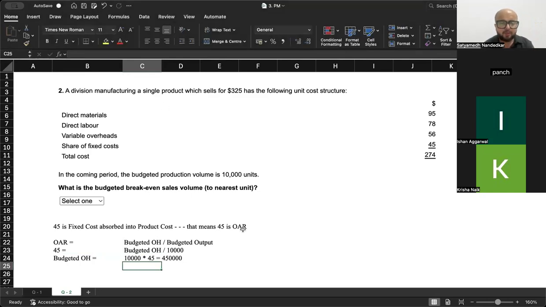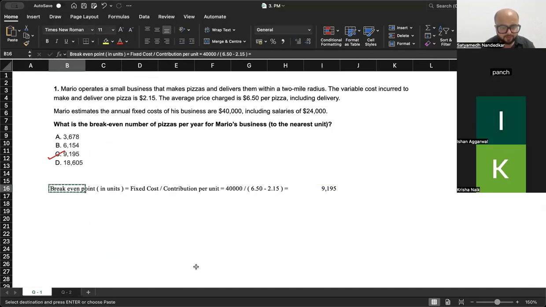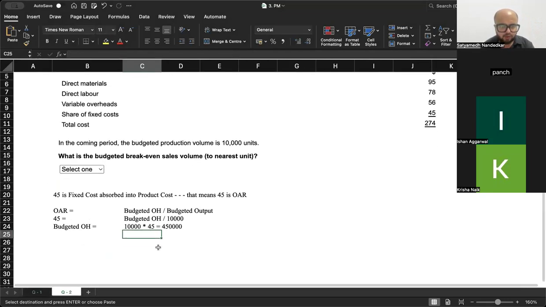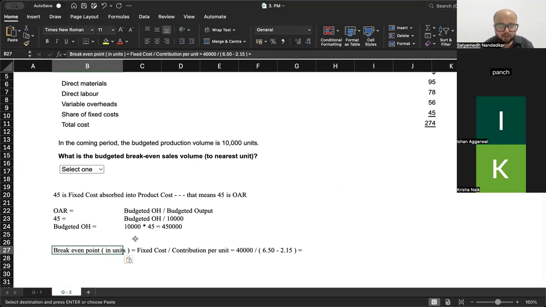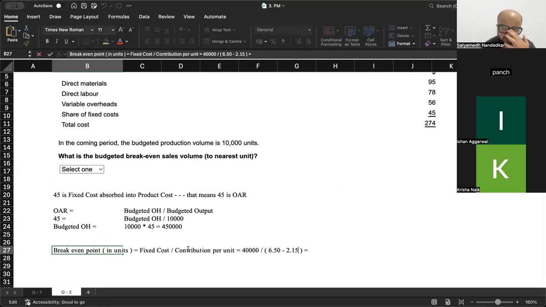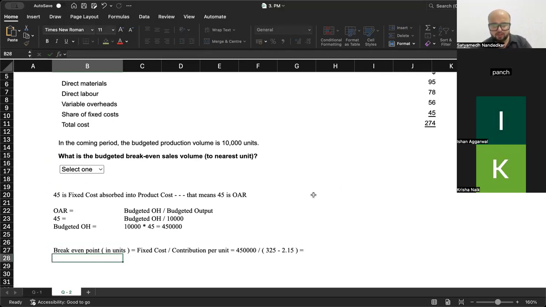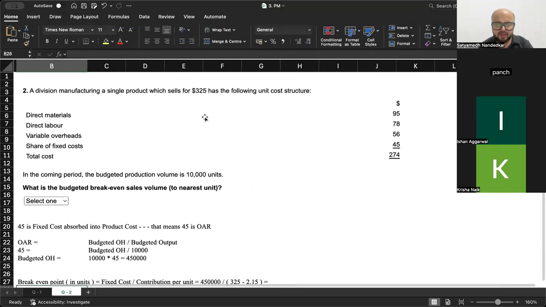Now, you need break-even point sales volume to the nearest unit. Something like this again will come to your rescue. Total fixed cost 4,50,000 and contribution per unit 325 minus all the variable cost. What will that be? 95, 78 and 56.